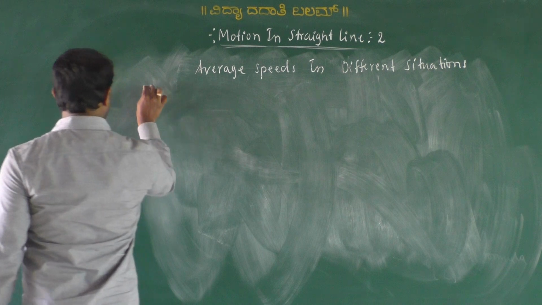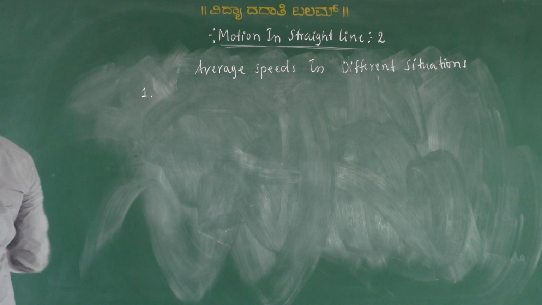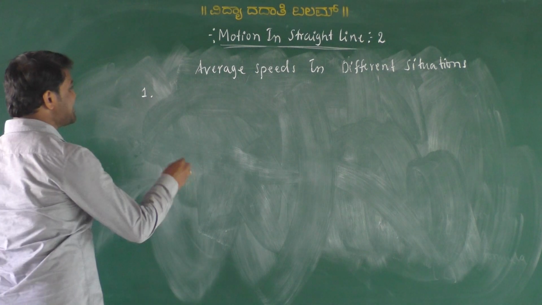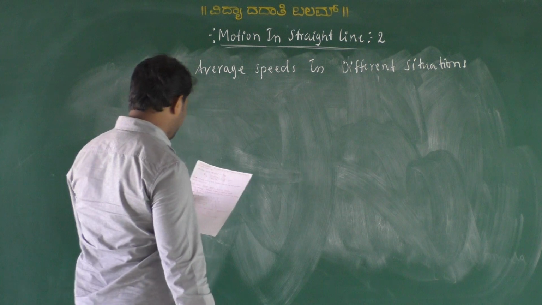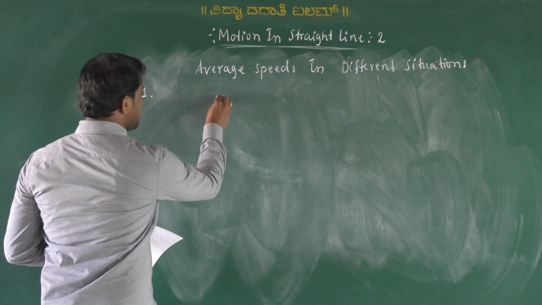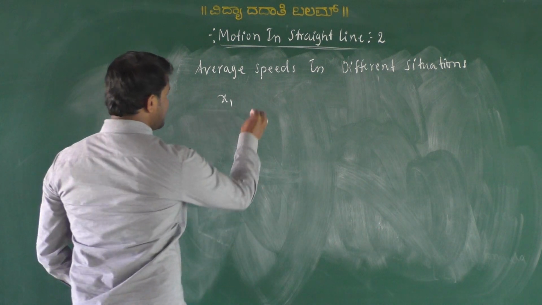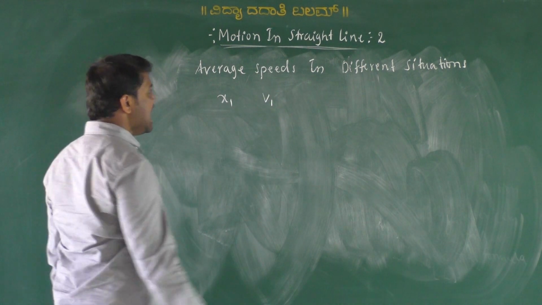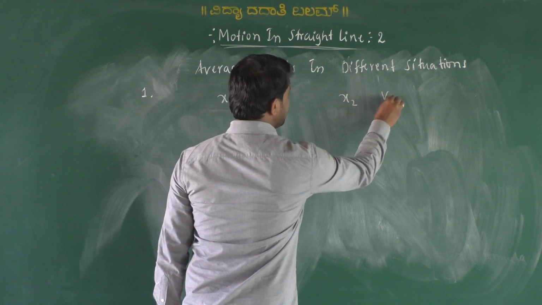ನಂಬರ್ 1 ನಾನು ಏನು ಬರಿಬೋದು ನಾನು ಅಂದ್ರೆ, if a body traveling in different distances in a different speed, that is the body travels x1 distance which covers the speed of v1 here. And if another body travels x2 distance which covers speed v2 here.